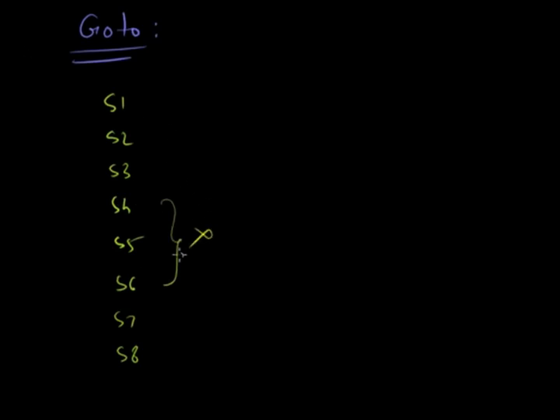And you want to directly jump from S3 to S7. How you can do it is use a goto here. You can say goto. Now go to where? You have to label this spot where you have to go. Let's label this as ahead. A label is written like this, ahead and colon. This becomes a label, and we say goto ahead.